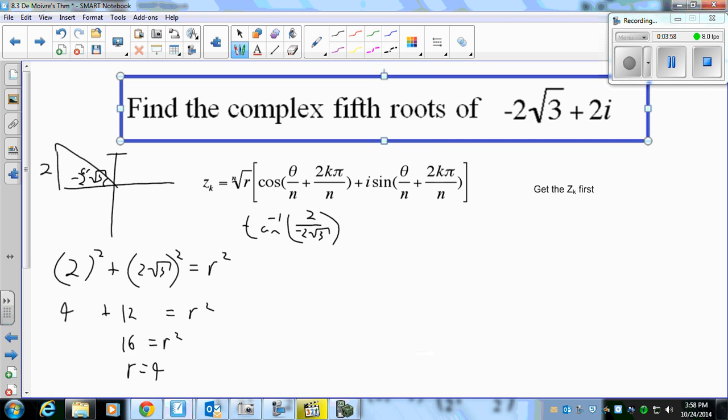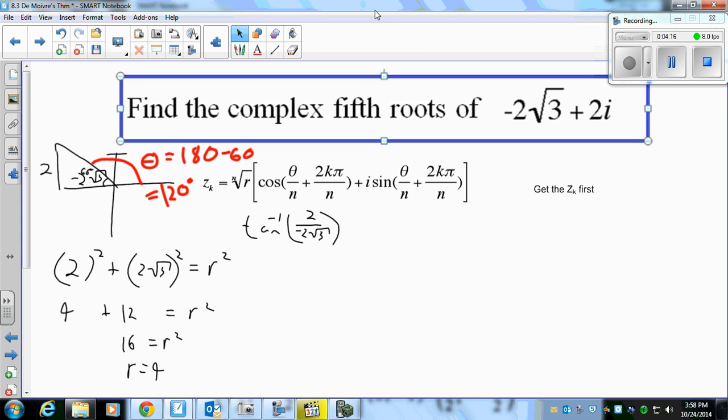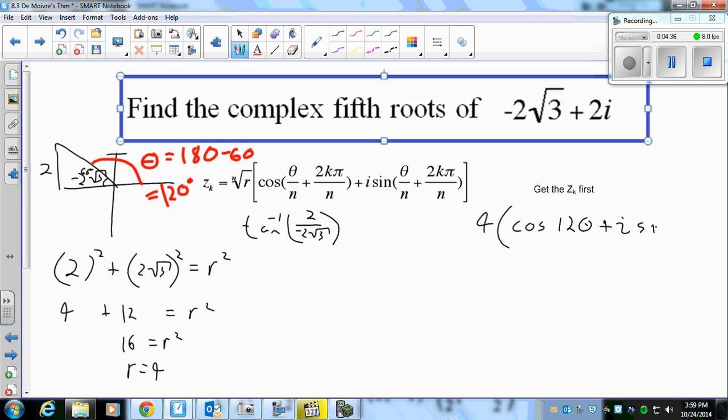That tells me this angle in here is 60 degrees. So my theta must be equal to 180 minus 60, which is 120 degrees. All right, so I have my theta. I'm going to write this first in complex form: 4 times cosine of 120 plus i sine of 120 degrees.